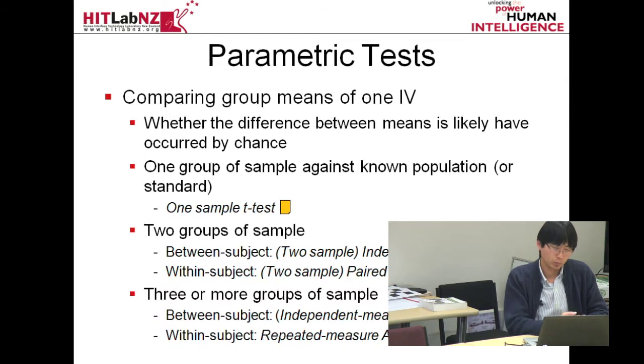So that's the one sample t-test, and again, this is only the case when you have a standard value that you want to meet or be above. But in many cases, HCI research just doesn't fall into this category, but sometimes it's useful. In many cases, it's mostly about comparing two groups using different interfaces and seeing if there is a significant difference between the two.